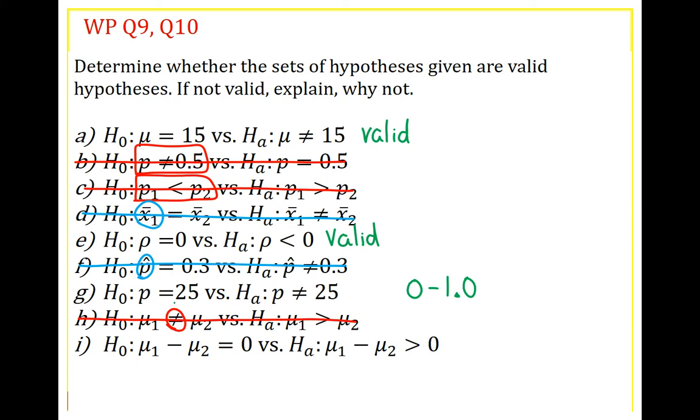This thing says you are at 250%. Nope, can't do it. And then I go down to the last one, I. It says I want you to take mu1 minus mu2 and have it equal to 0. That's fine. And I want you to take this alternative, mu1 minus mu2, and have it be greater than 0. Absolutely valid.